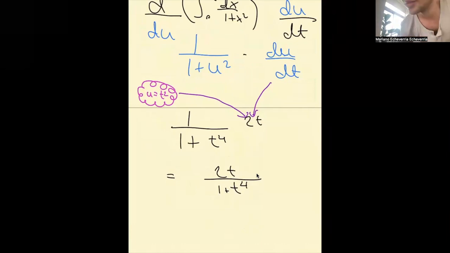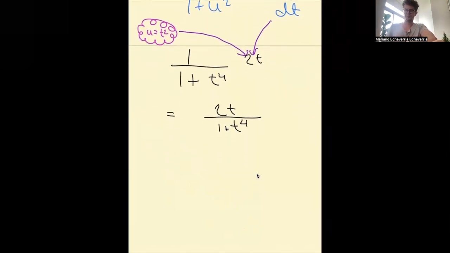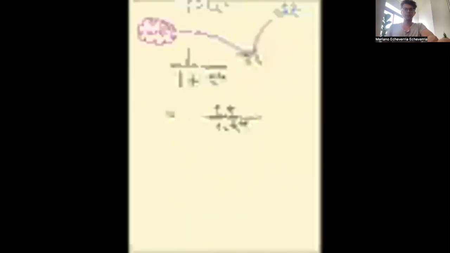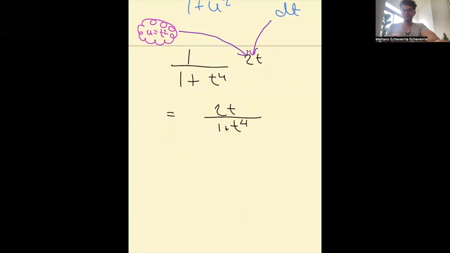Oh, this is another nice one, which is also on the review, but it's cute to see because it is a fun combination of L'Hopital with the fundamental theorem of calculus.